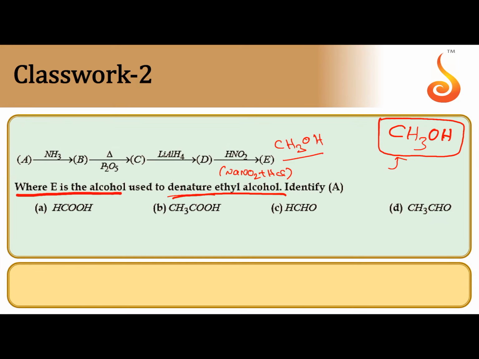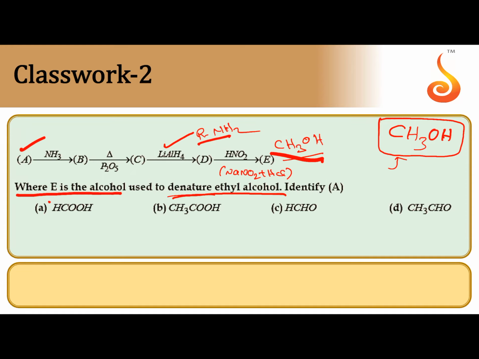When methyl alcohol is added to ethyl alcohol, it loses its nature, and that is called denatured spirit. When any person consumes denatured spirit, it will damage the optic nerves. That's why E is methyl alcohol. Aliphatic diazonium salts are highly unstable, they decompose easily to give alcohols. So D is an aliphatic amine. Aliphatic amine is obtained from amides by reduction with LiAlH4. That's why we should go back from the product E. Otherwise, another easy method: first take option A in place of capital A and perform all the reactions.